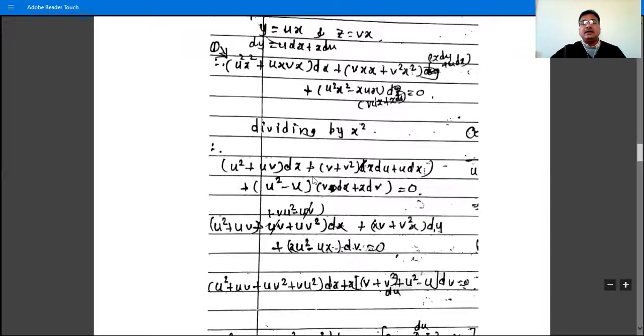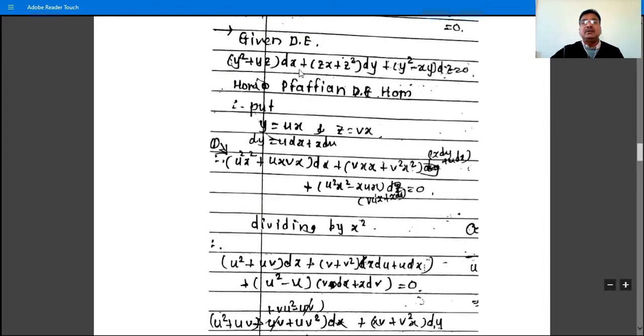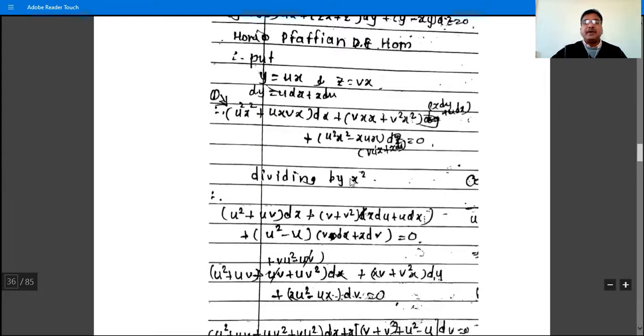And then collect the coefficients of dx, du and dv. Cancel x², dividing by x², because it is a degree 2 homogeneous Pfaffian differential equation. So divide by x².